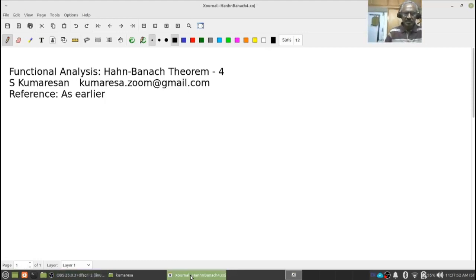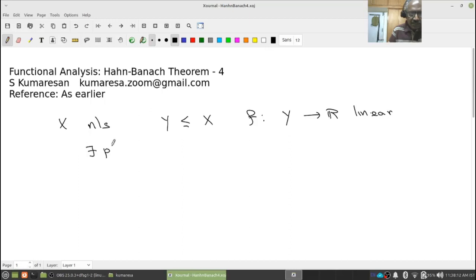So in the last lecture, what we did was the following. If X is a vector space and Y is a vector subspace of X, and F is a linear functional from Y to R, so that there exists a P so that F of y is less than or equal to P of y for all y in Y. What are the two properties of P?